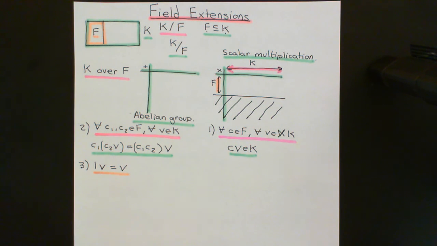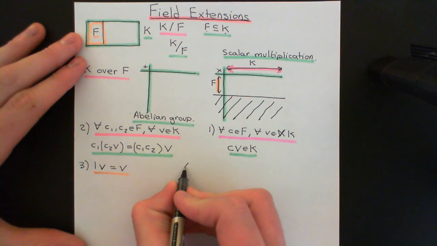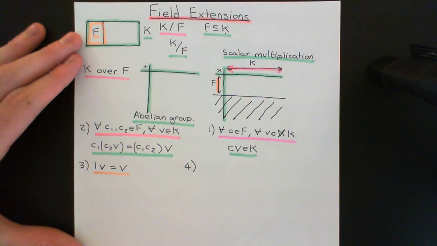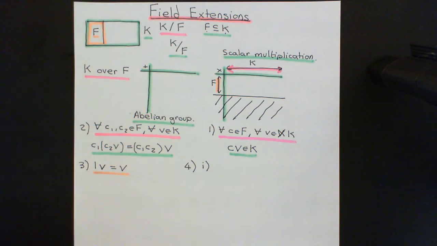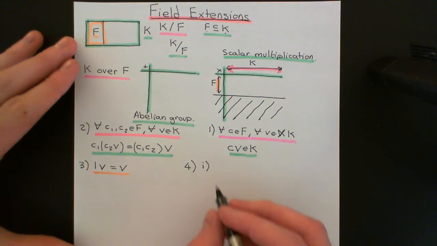Now, the final axiom, the fourth axiom, is the two distributive laws that we insist scalar multiplication must obey. Part 1 is that scalar multiplication must distribute over addition in the vector space.